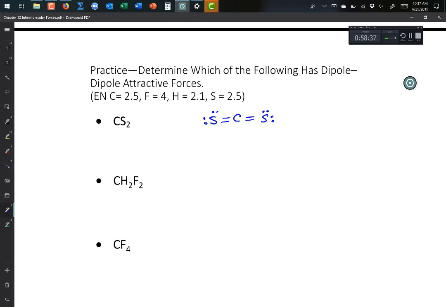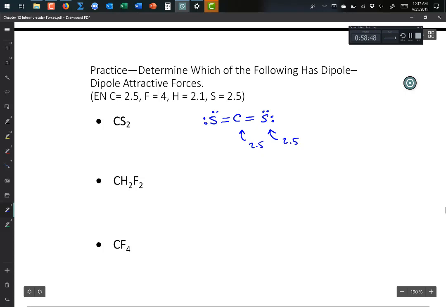Sulfur's electronegativity is 2.5 and carbon is 2.5. Polar, nonpolar, ionic? Nonpolar. Carbon and sulfur have the same electronegativity. This molecule is nonpolar. Does it have dipole attractions? No, because it's nonpolar.